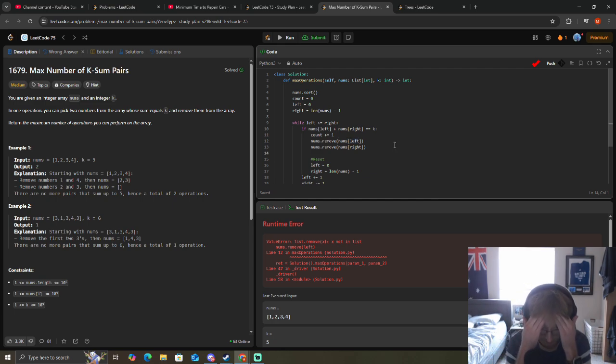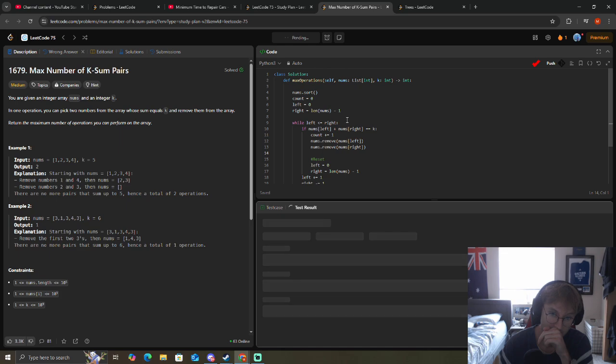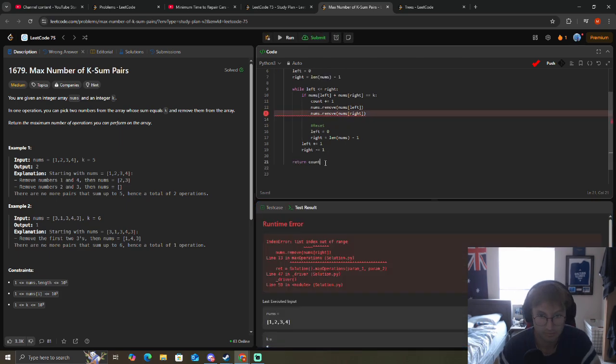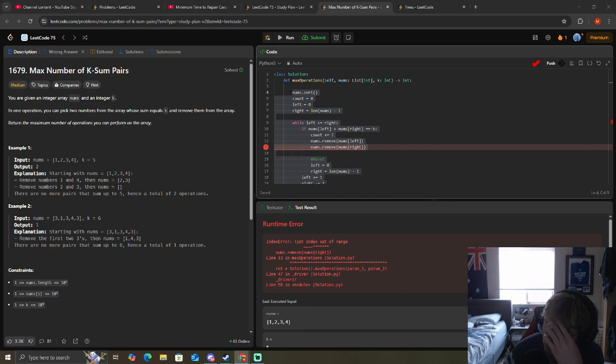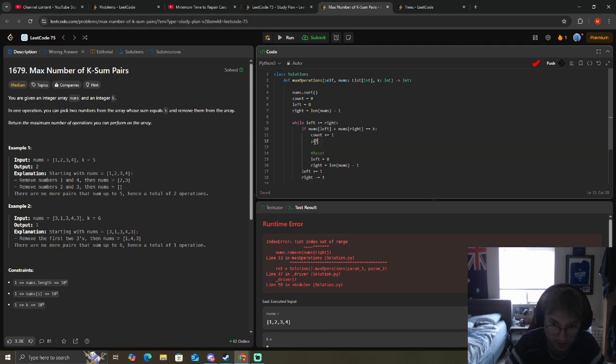Okay. So I was kind of right at first where we increase our left.